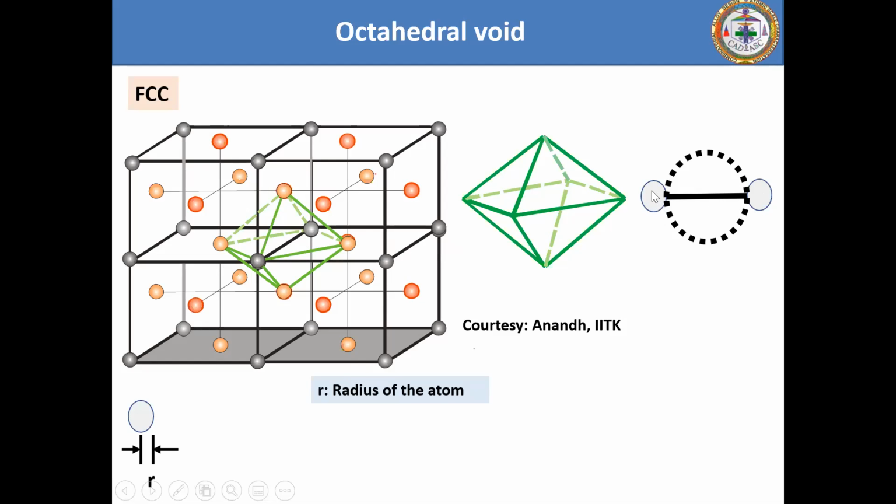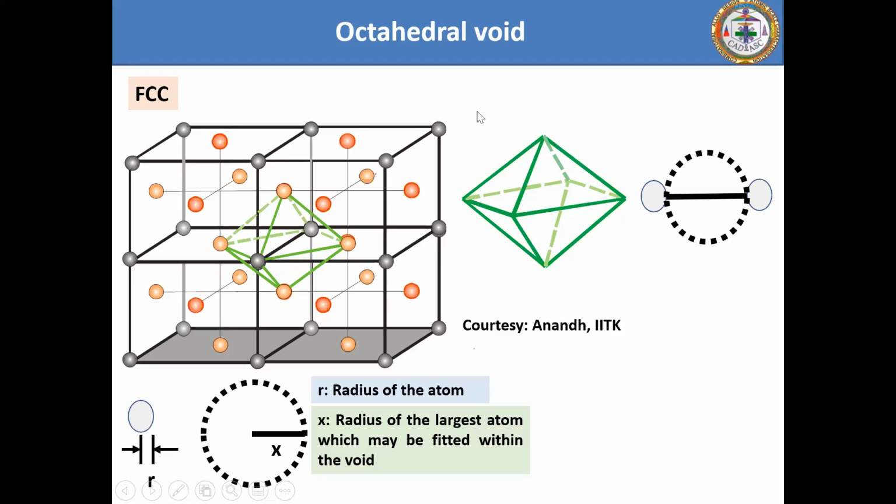It's a simple thing. There are 2 atoms, each with a radius of r. Now let us extract this. This is x, the radius of the largest atom which may be fitted within the void.